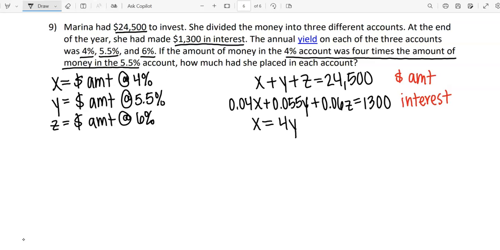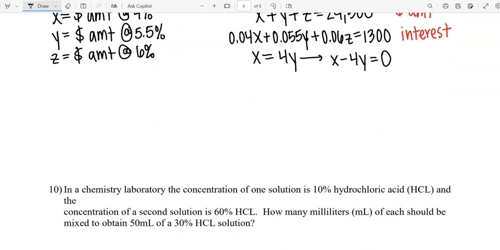And what's the issue there? There's no Z and? There's only 2 variables. What else? Before I even start my matrix? It's not in standard form. How do I get it in standard form? Subtract the 4Y. So X minus 4Y is equal to what? 0.